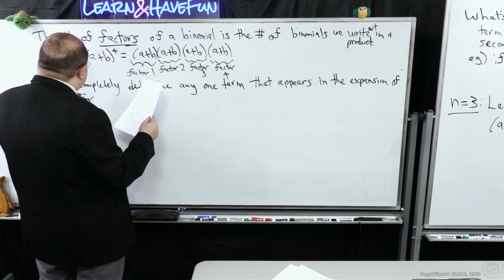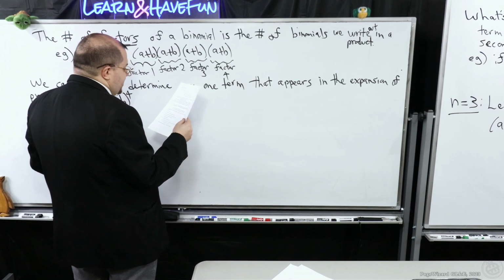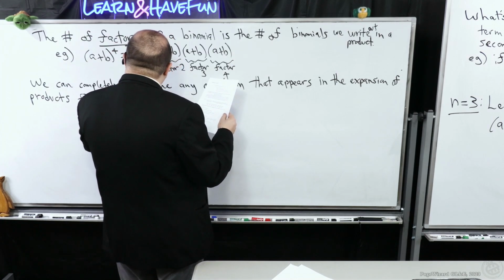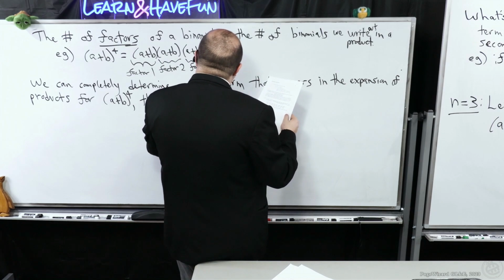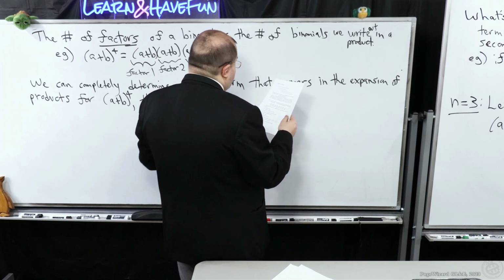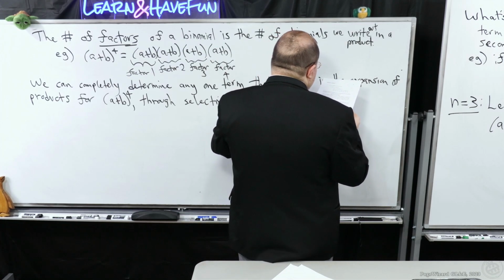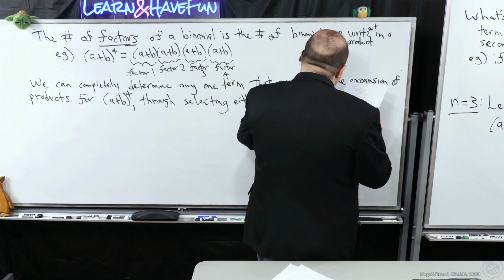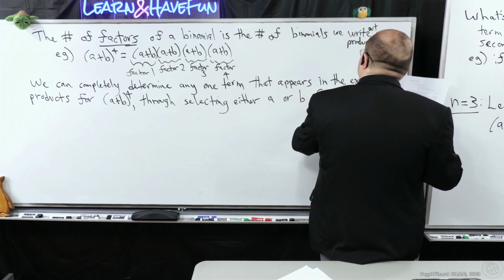Suppose we consider n is equal to 4, we would have a plus b to the power of 4, just as an example, through selecting either A or B from each factor.